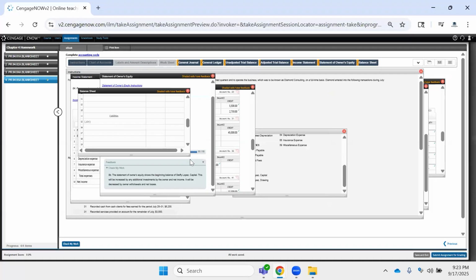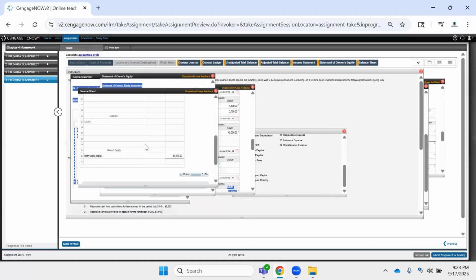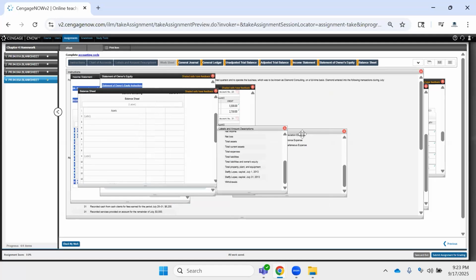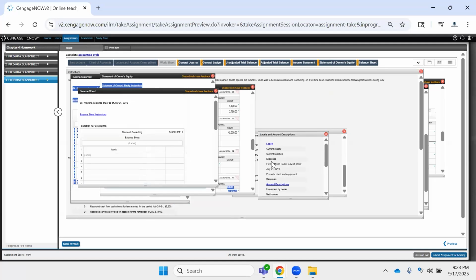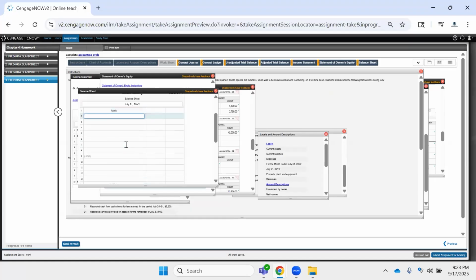And we're going to take the other balances other than capital directly from the adjusted trial balance. But we have to start with our label. Our label being July 31st, because that is the amount there.